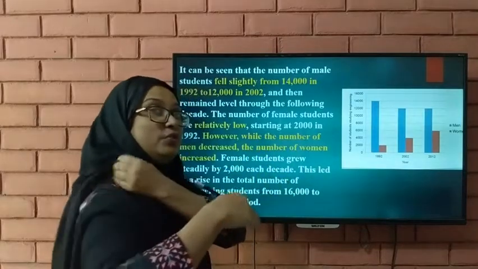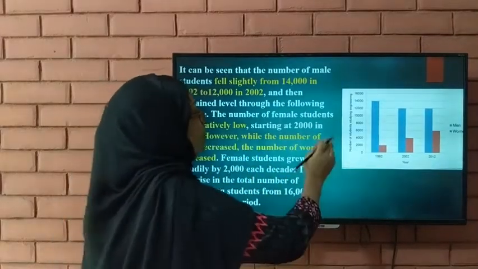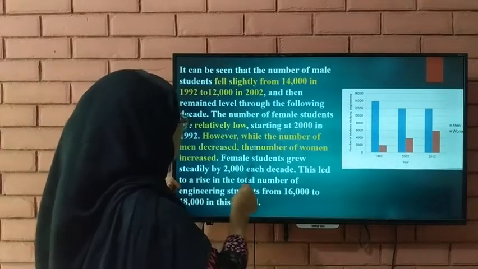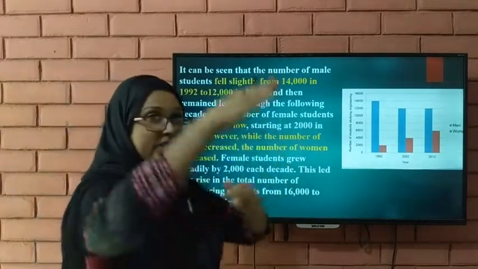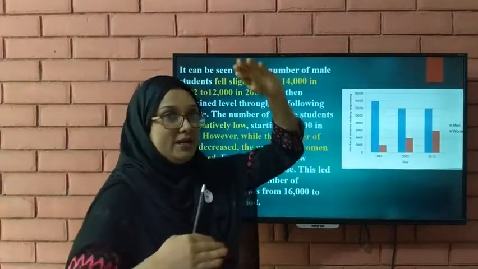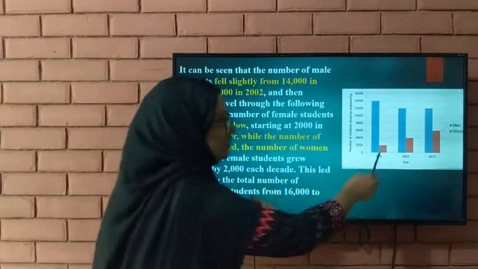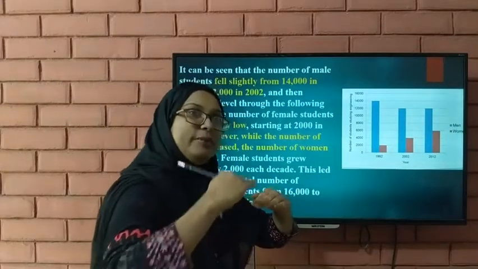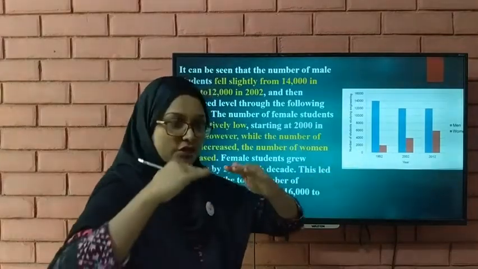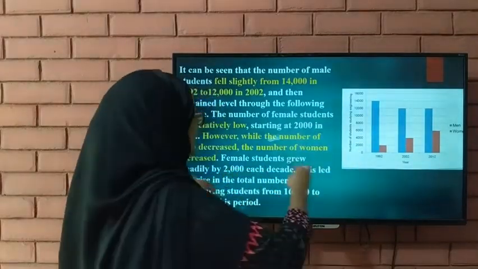It starts with the data 2,000, but however while the number of men decreased, the number of women increased. Look here, the number of men is decreasing, the number of women is increasing. Here 2,000 to 4,000, so it is increasing.